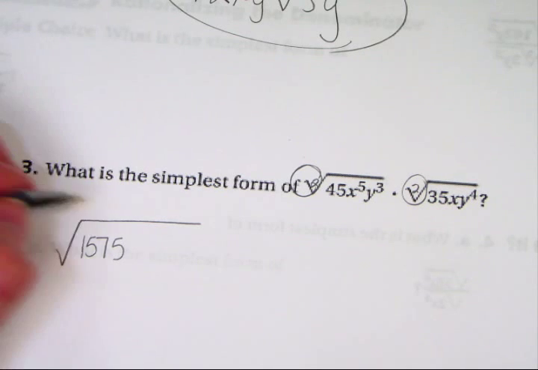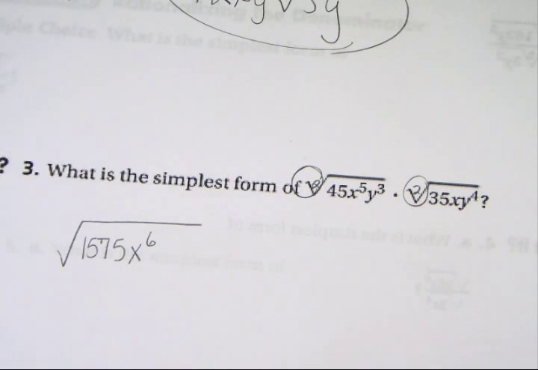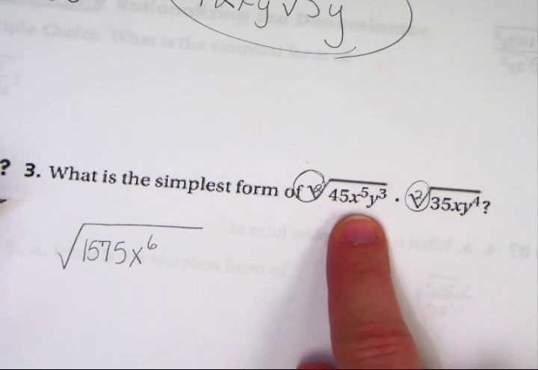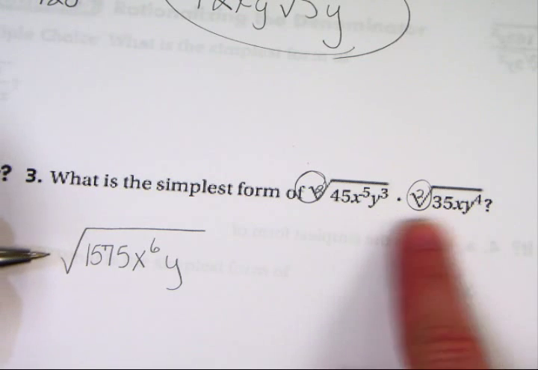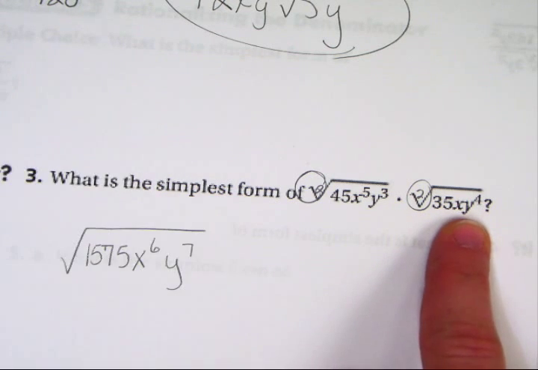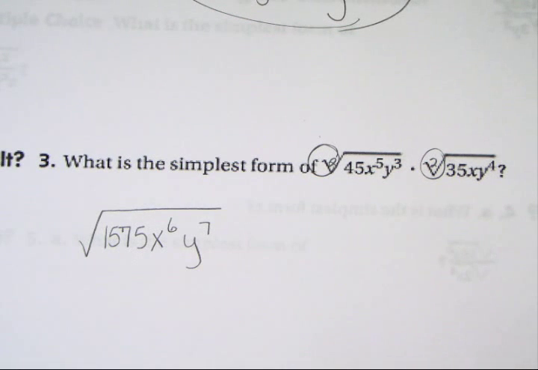How many x's are you going to have? You will have x to the 6th, because you have 1, 2, 3, 4, 5, 6. And you have y to the 1, 2, 3, 4, 5, 6, 7. Now you really have to think of a perfect square that goes into 1,575.